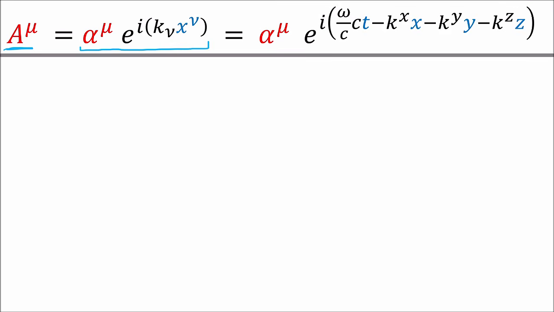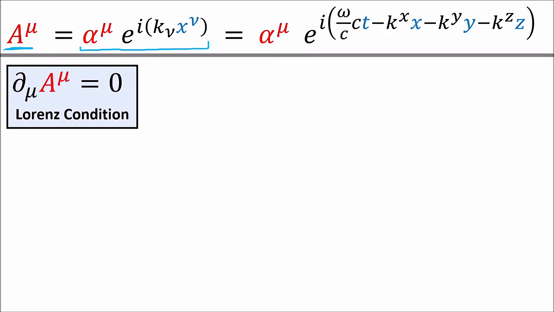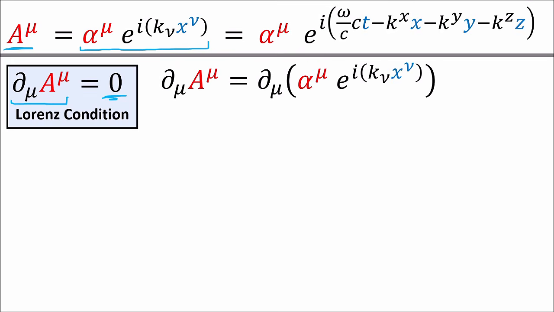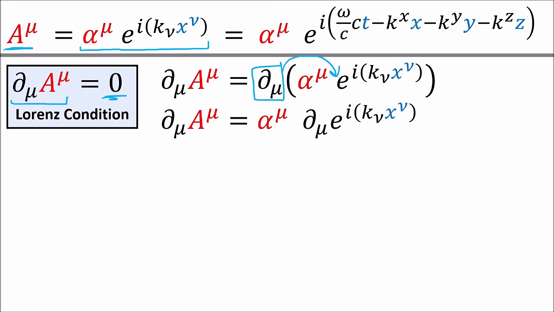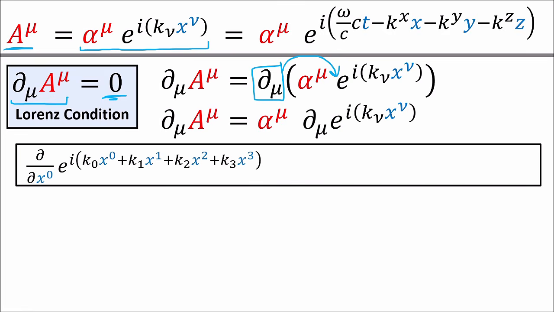So our Proca solutions for the vector field capital A take this form, and we need to solve for the 4 alpha constants. We can solve for them using the Lorenz condition we saw before, where we take a derivative summed with A and set it to 0. Since the alphas are constant, the derivative can pass by them and just act on the complex exponential. Now, if we were to consider the case where this was a time derivative, which is a derivative with respect to x0, the derivative would only care about the time term in this exponential.